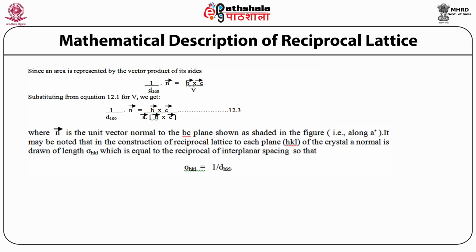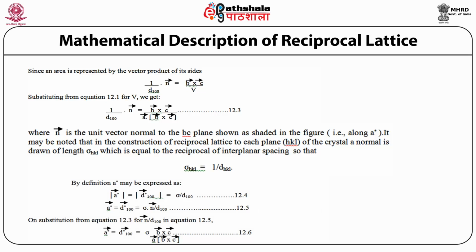It may be noted that in the construction of the reciprocal lattice, to each plane hkl of the crystal, a normal is drawn of length sigma_hkl, which is equal to the reciprocal of the interplanar spacing, so that sigma_hkl is equal to 1 upon d_hkl. By definition, a star may be expressed as modulus of a star vector equal to modulus of d star 100 vector equal to sigma upon d100, which is represented as equation 12.4.